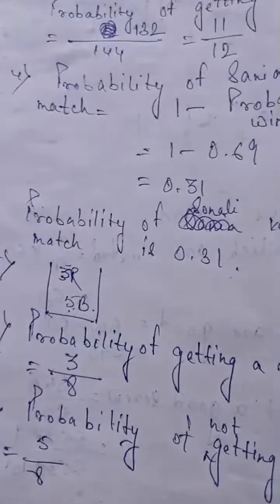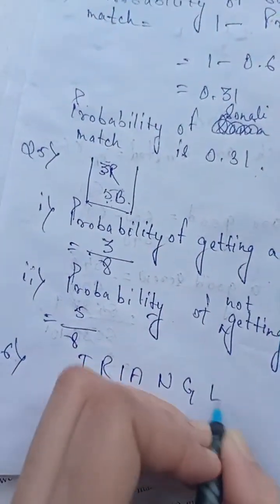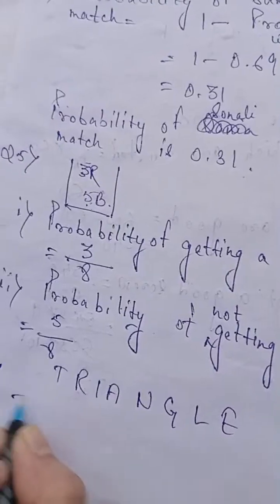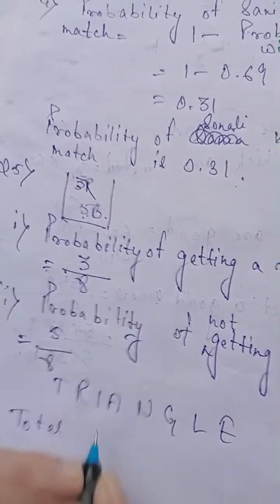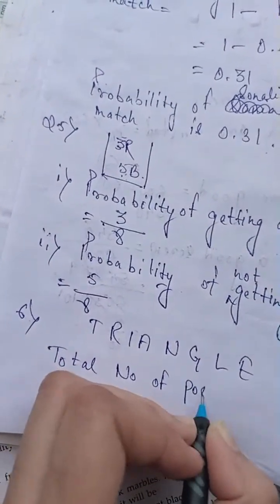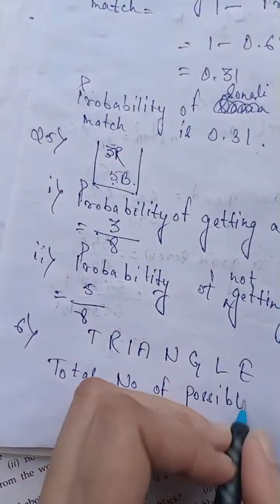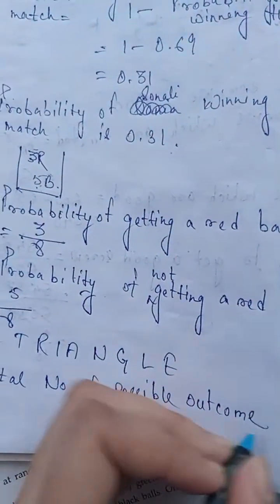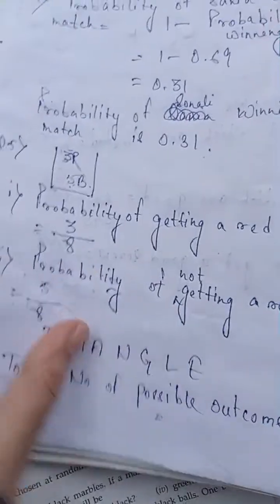Now, next, move on to question number 6. Question number 6 is: we have the word triangle. Now, total number of possible outcomes.